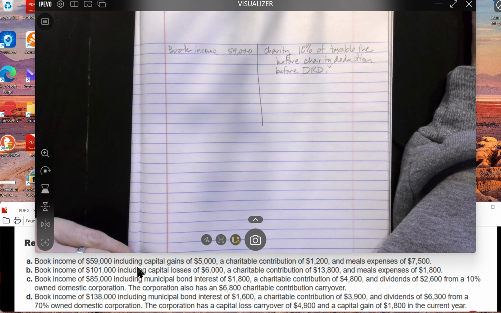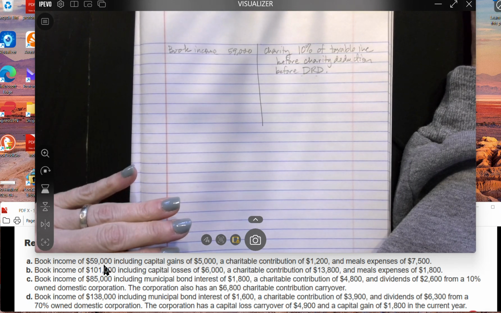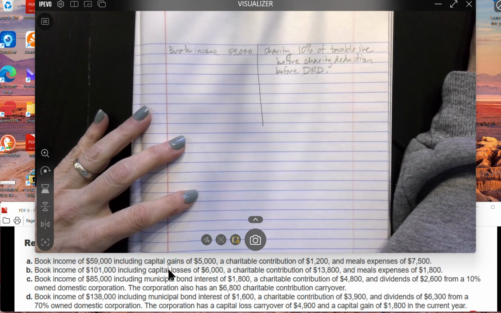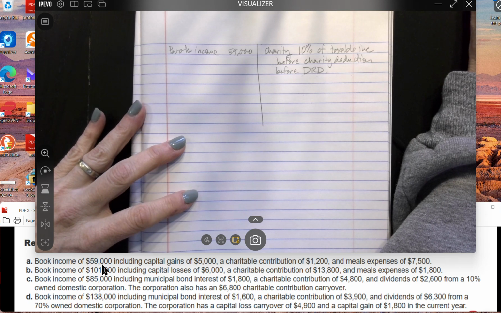So that $59,000, we're going to start with that to do this calculation. We don't have to do anything with the capital gains because it would be included in that $59,000, and it's not an adjustment for tax purposes.